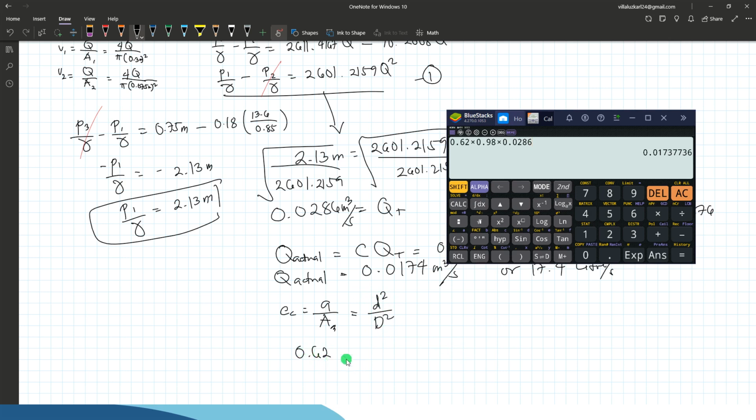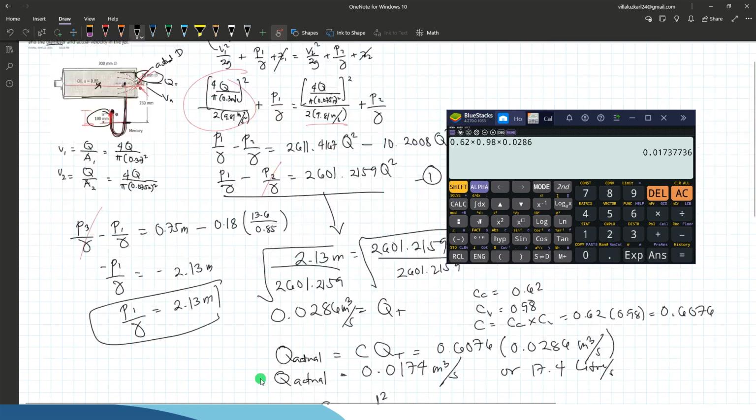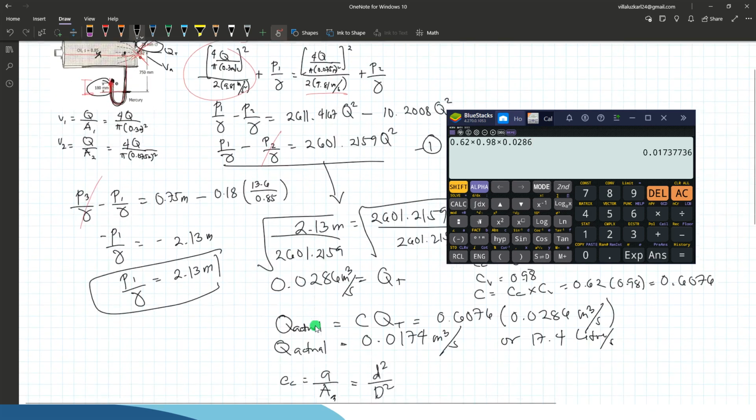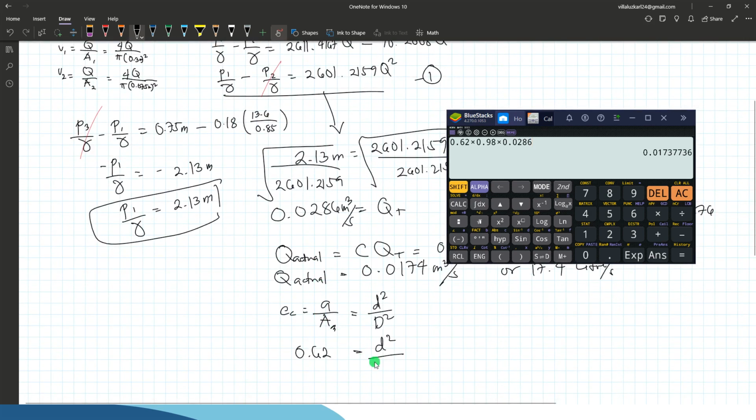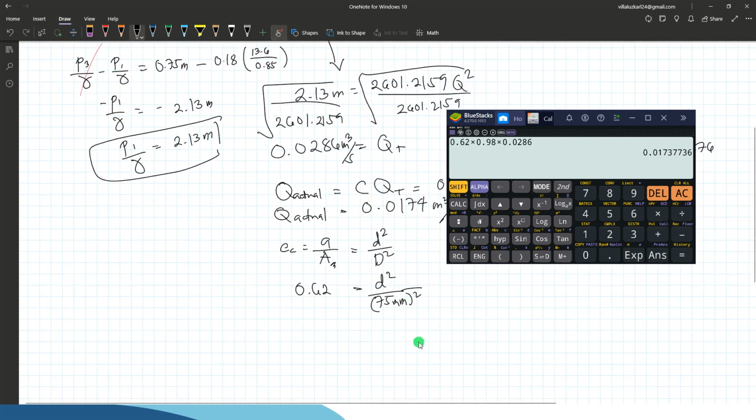So we have 0.62 equals d squared over D squared. If we want a diameter in millimeters, we can use millimeter raised to 2. So d squared equals 0.62 multiplied by 75 mm squared.